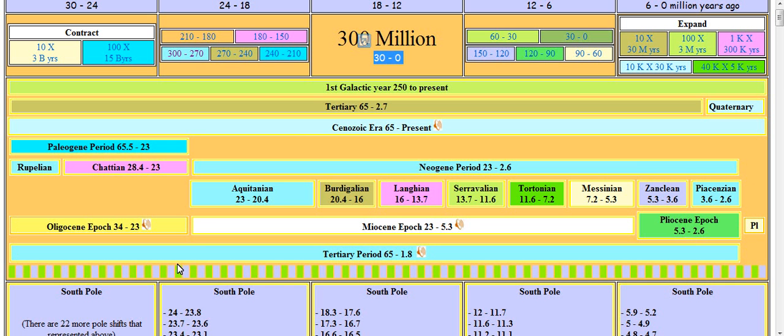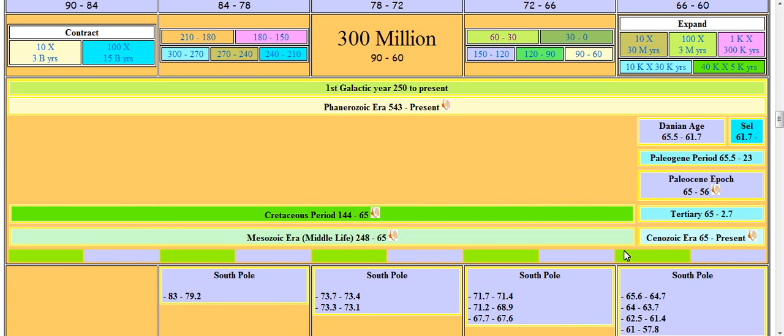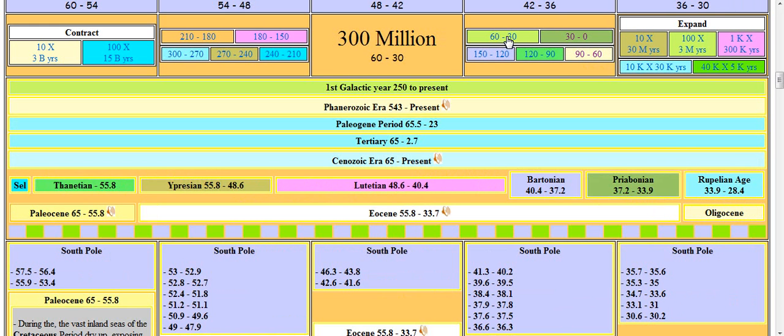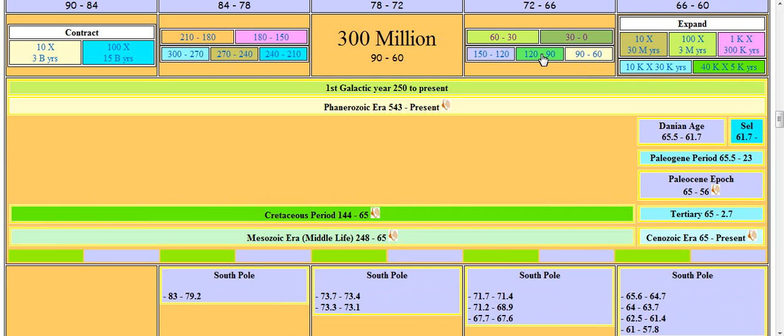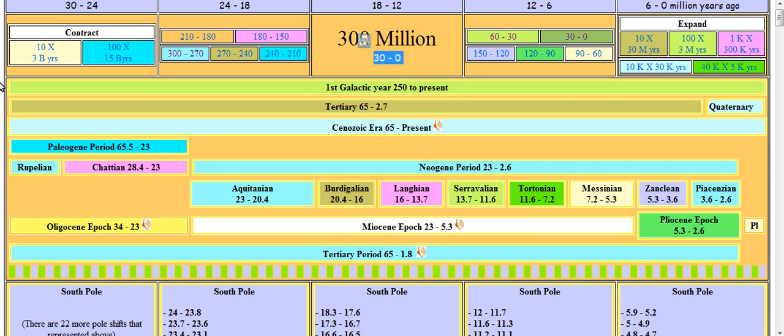So you can see how this is taking me many times. For some reason they're getting bigger and bigger, but it's not really done, is it? So yeah, all these different ages from the past.